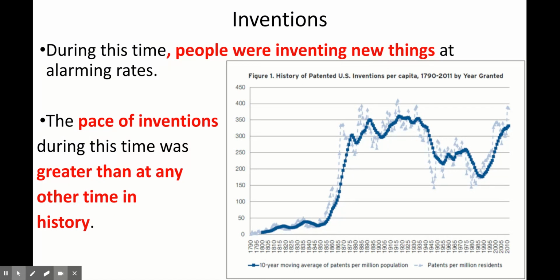The only other comparable time is 1985, 1990 up until around 2010. I know you guys weren't alive, but this is basically the tech bubble. This is the internet and a lot of computer-based technologies. The microprocessor is what's being invented during this time. So all the patents that come through with those kinds of inventions, this is when cell phones are happening.